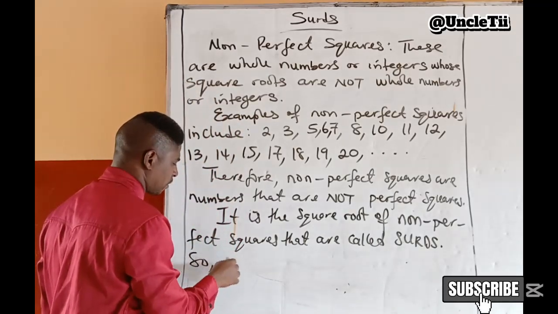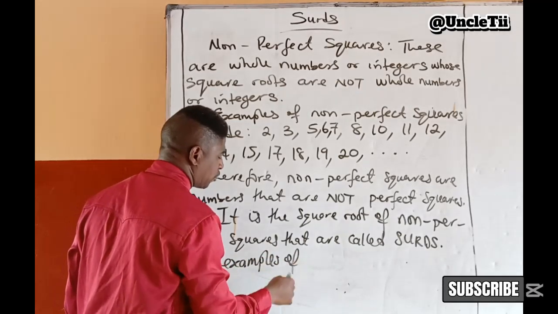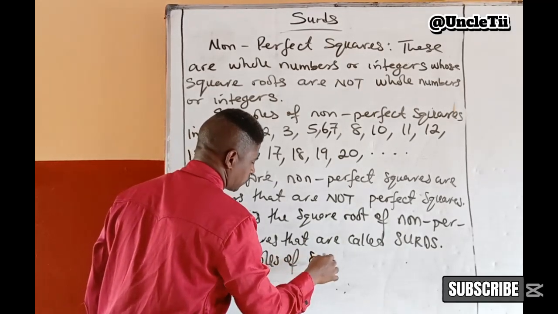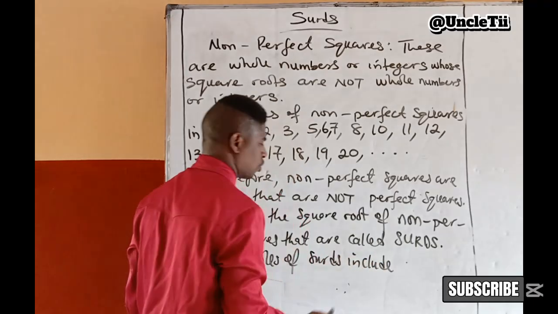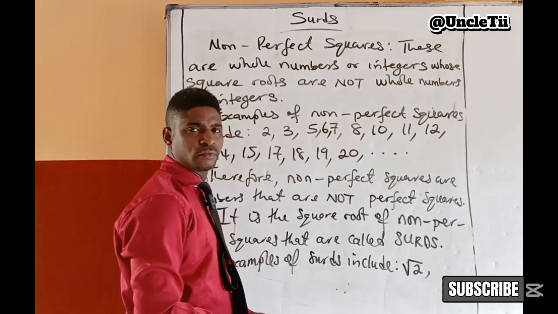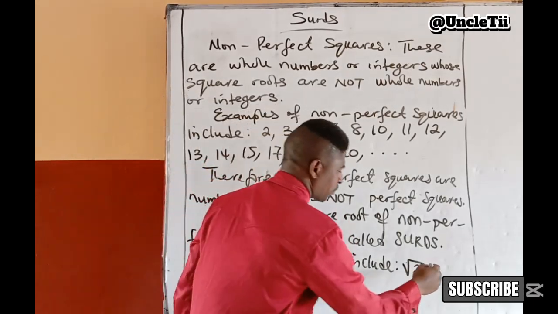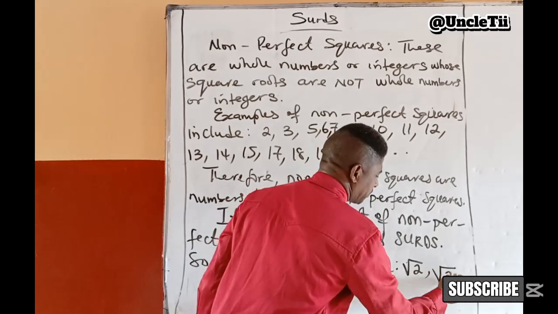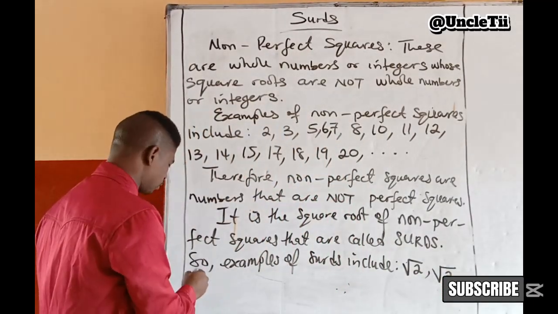So, examples of surds include square root of 2, otherwise known as root 2, is a surd. Square root of 3 or root 3 is a surd.